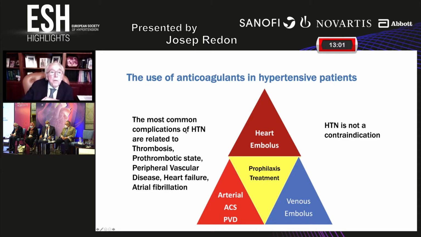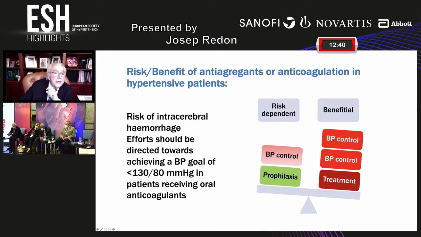The most common complications of hypertension are related to thrombosis. Hypertension is a prothrombotic state that can impact peripheral vascular disease, heart failure, and atrial fibrillation, as has been commented. And of course, hypertension is not a contraindication, but you need to consider the risk of intracerebral hemorrhage.